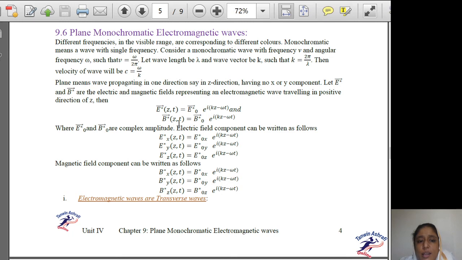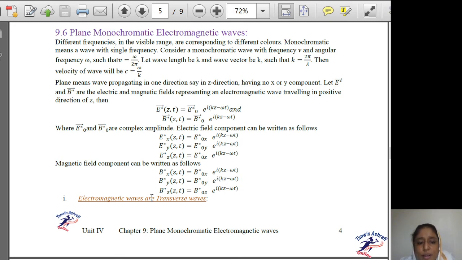In a similar way, we will have it for the magnetic field. Now these E0 and B0 are complex amplitudes. The electric field can be written in terms of x component, y component, and z component, and we write the same for the magnetic field components also.